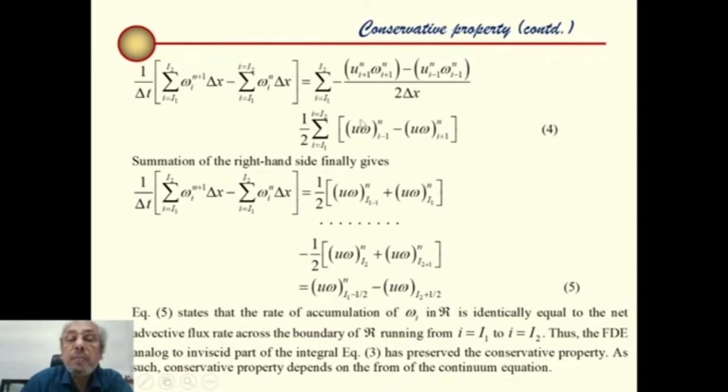So we will be able to form an array. Just substitute I equal to first I1, then I equal to I1 plus 1, I equal to I1 plus 2, I equal to I1 plus 3. Ultimately, I equal to I2 minus 1, I equal to I2, we write.